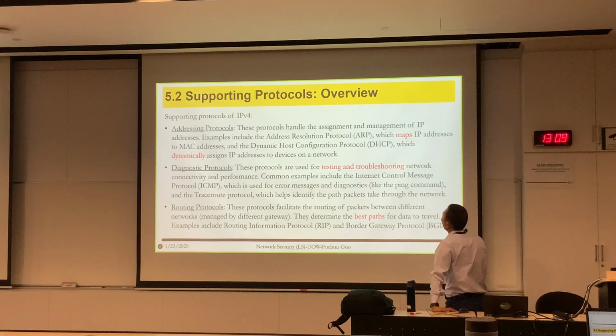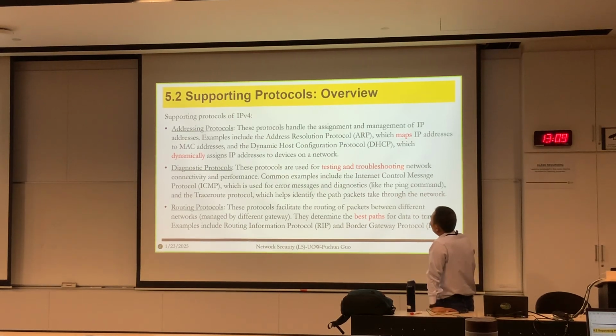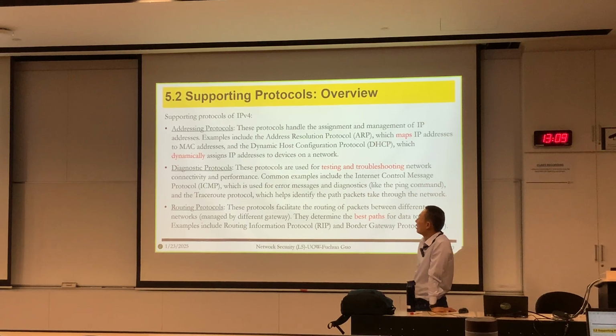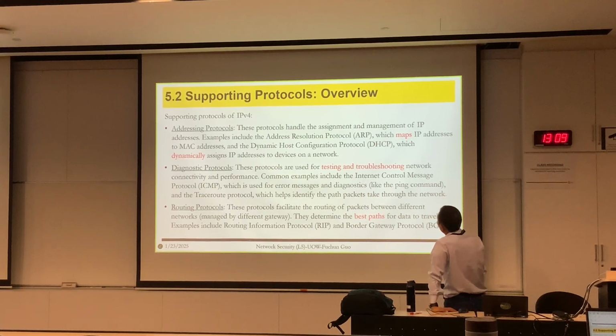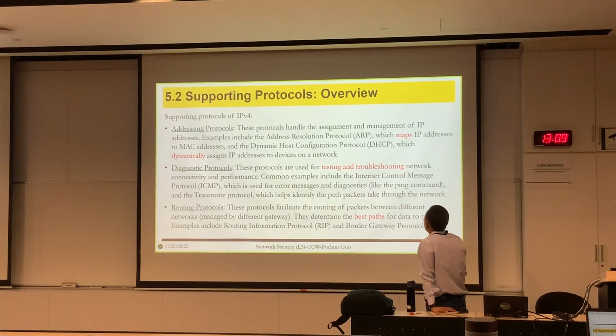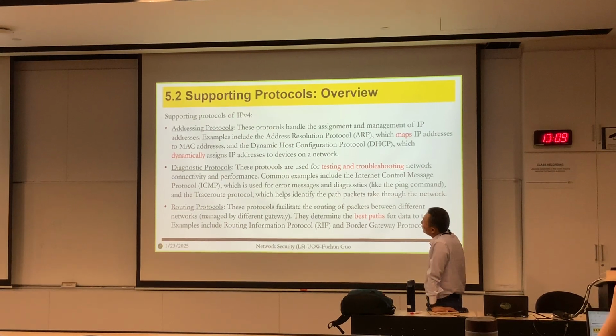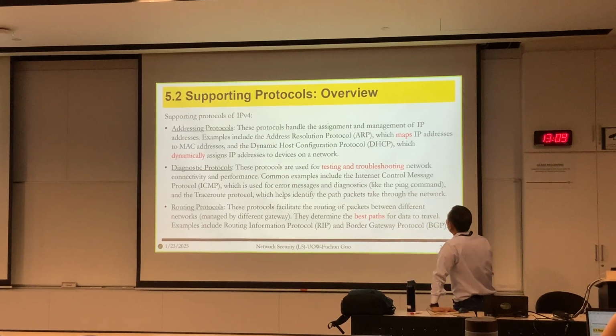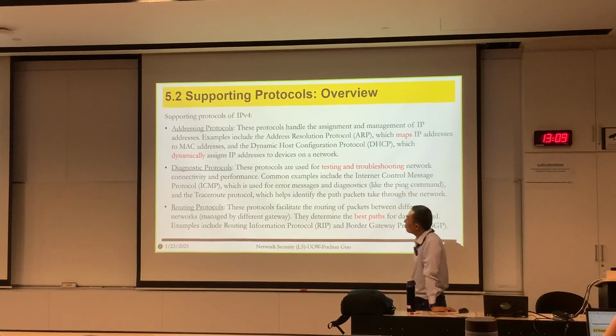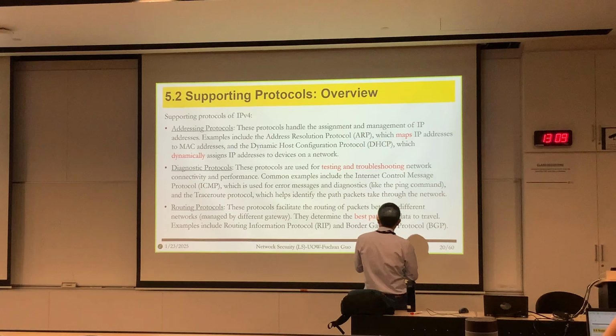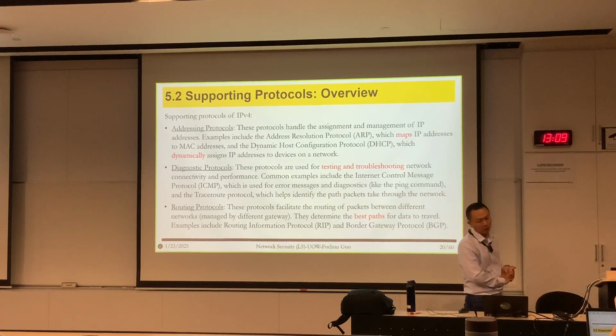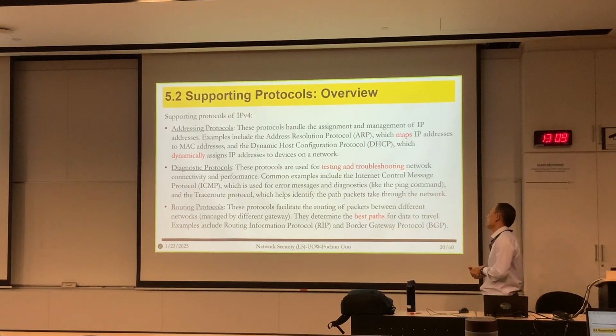Common examples include the Internet Control Message Protocol, ICMP, which is used for error messages and diagnostics by the ping command, and the traceroute protocol, which helps identify the path a packet takes. So the purpose of the second category is testing and troubleshooting. That's the main function of these applications.